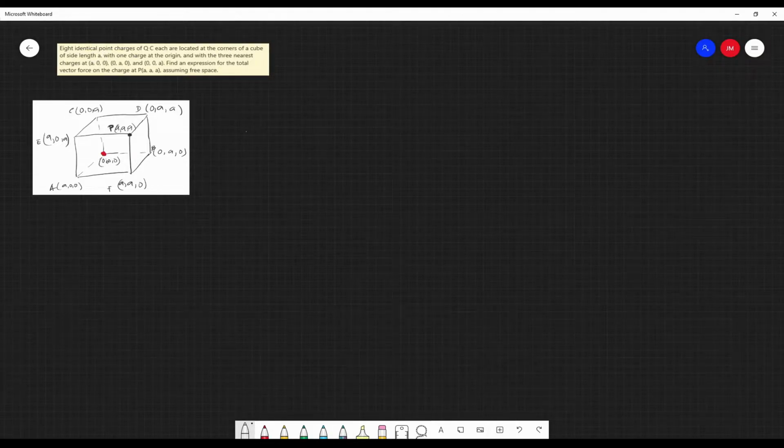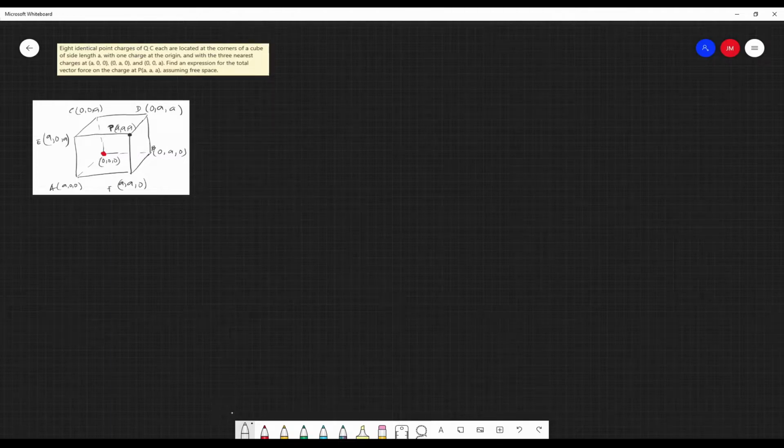So here's the origin, at (0,0,0), and this is the charge in question. Each corner has a charge that is acting upon the charge right here.